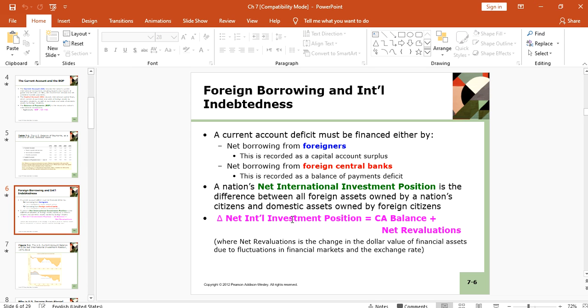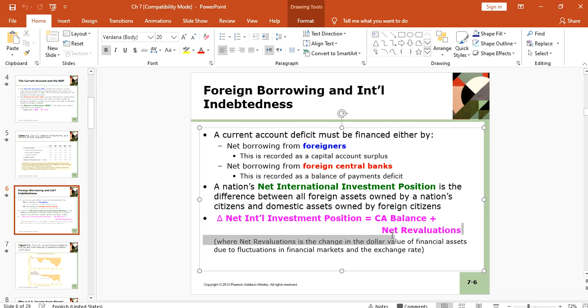Net international investment position is the current account balance plus net revaluation. By revaluation we mean any fluctuations in these financial assets, because of interest rate or exchange rate, whatever, affecting them.